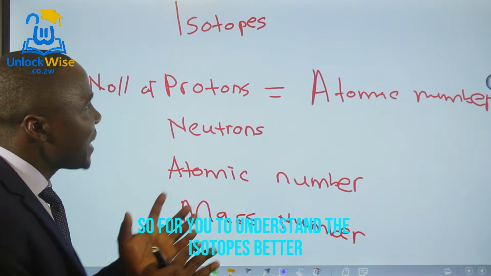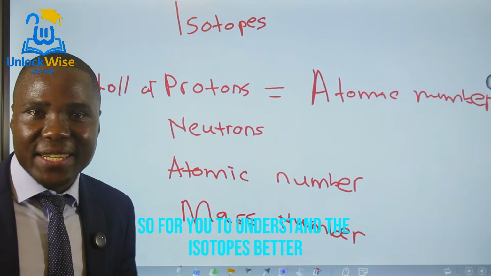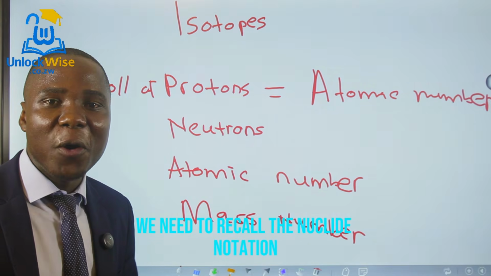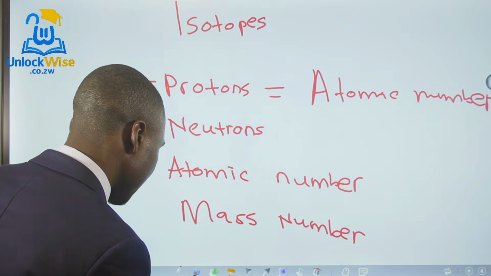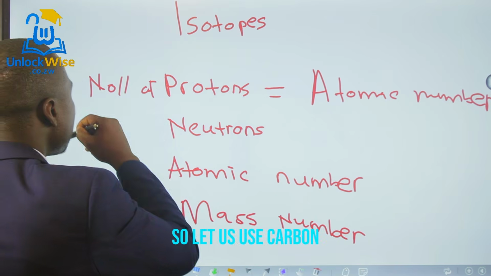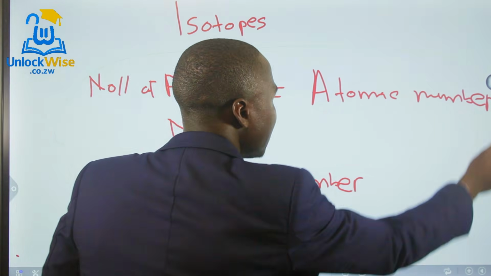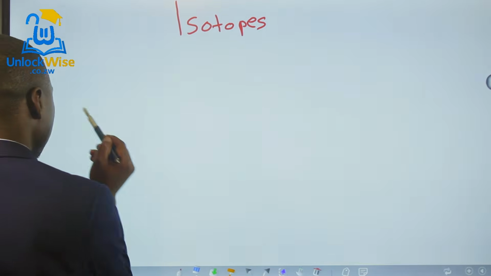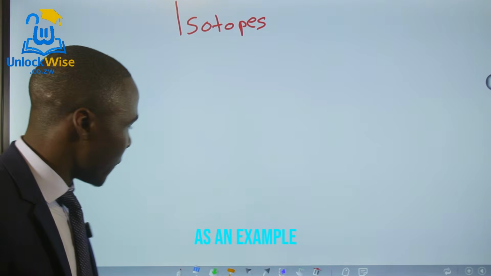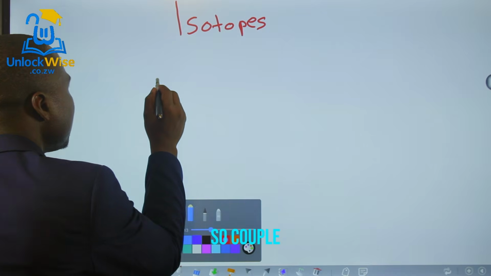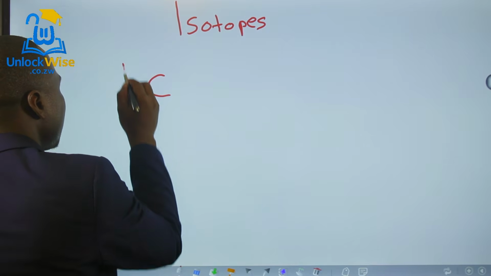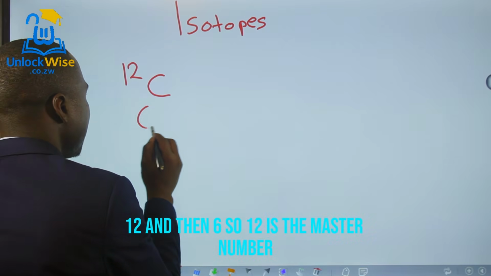So for you to understand the isotopes better, we need to recall the nuclear notation. Let us use carbon as an example. Carbon 12, 6.